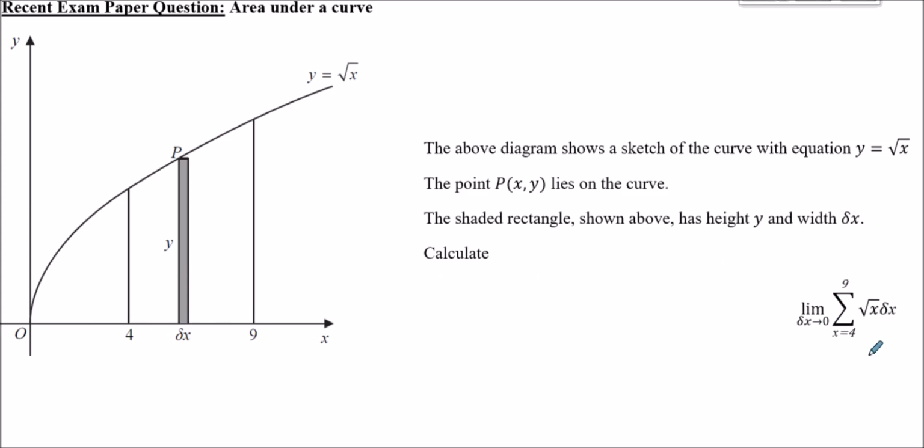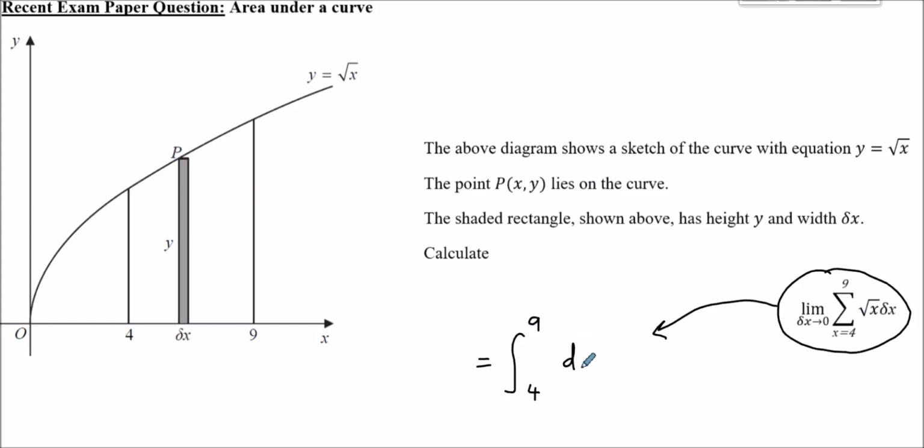To stop mucking around and cut to the chase, this thing here, based on what I mentioned before, is one and the same thing. As delta x goes towards 0, it's the same as the integral from 4 to 9 of the square root of x with respect to x. Just bear in mind, root x as a power is x to the power a half.